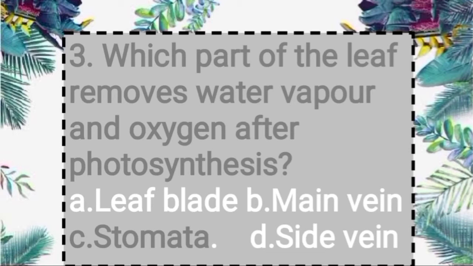Photosynthesis. Which part of the leaf removes water vapor and oxygen after photosynthesis? Option A, leaf blade.